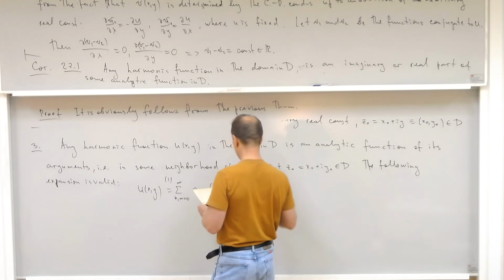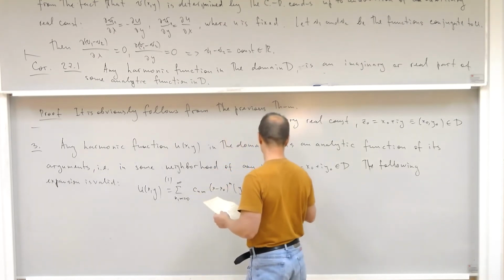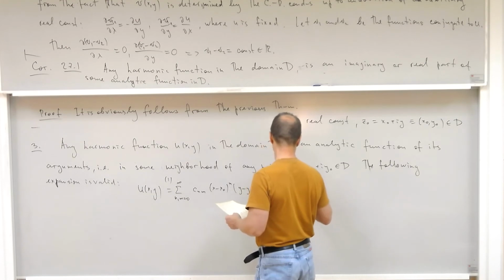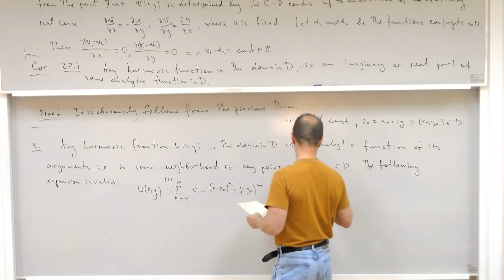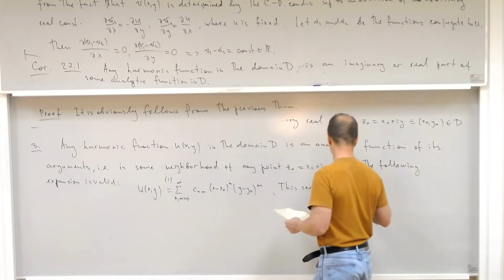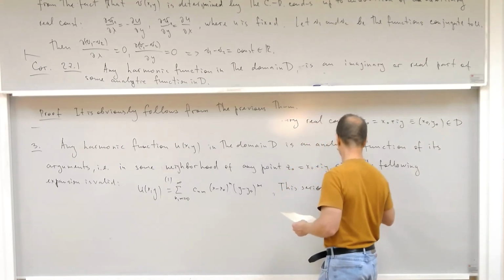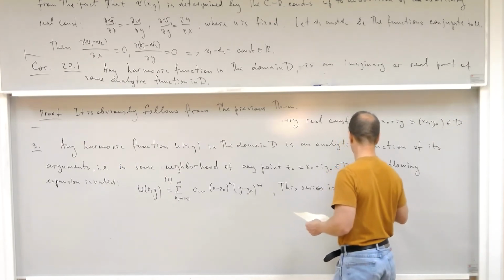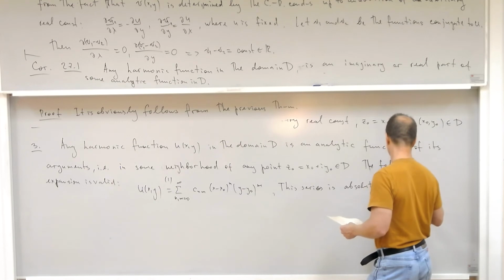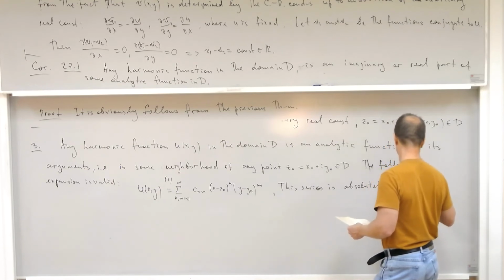This function, this function u of x and y, can be represented in the form of a convergent Taylor series with respect to two variables x and y in the vicinity of the point x0 and y0.